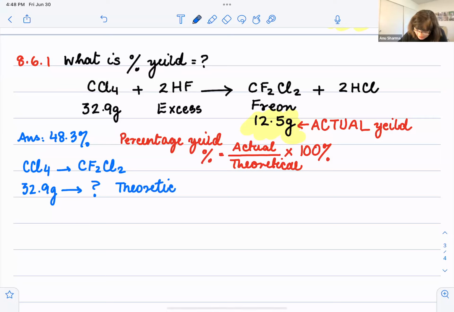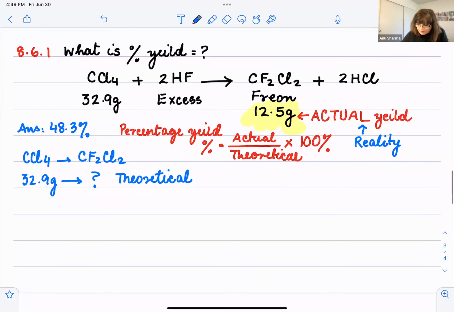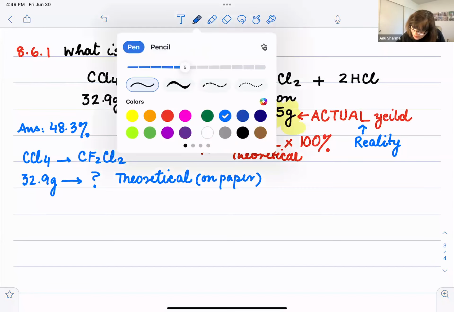Always keep in mind that actual means in reality, and it depends on the productivity in the lab. But theoretical is in theory, on paper only.